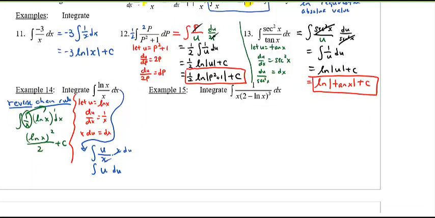Then the integration of u du is just u squared over 2 plus c. And so natural log of x is what I replace it with, plus c.